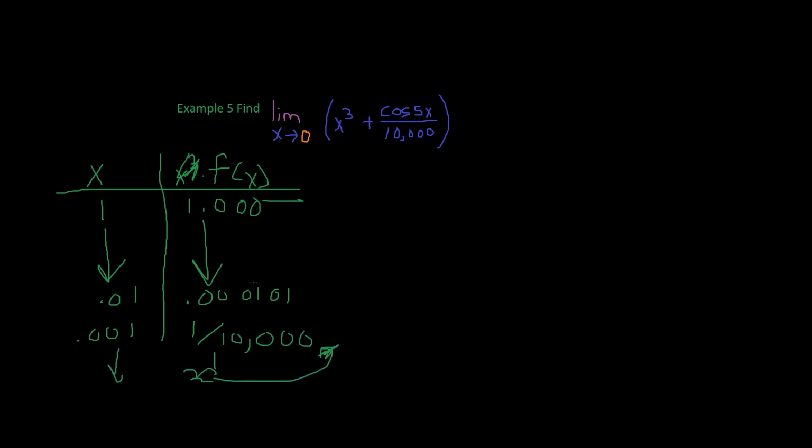No matter what number we put in, it's going to be approximately 1 divided by 10,000. It's crazy, huh? It looks like it's approaching 0, but it actually approaches this number.